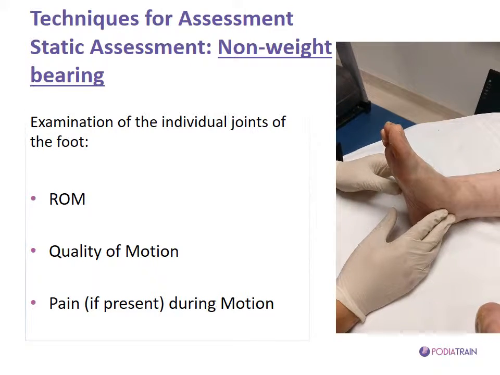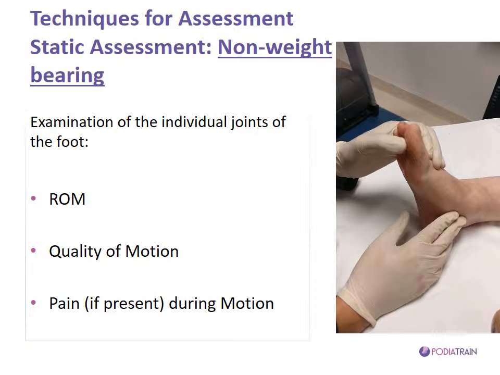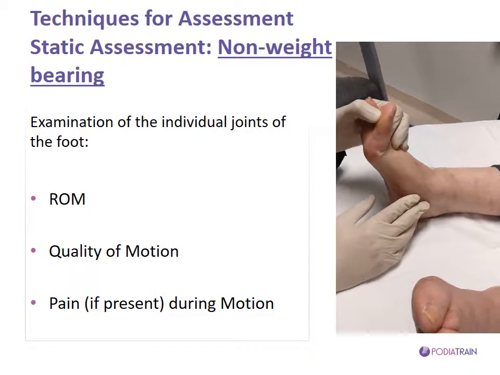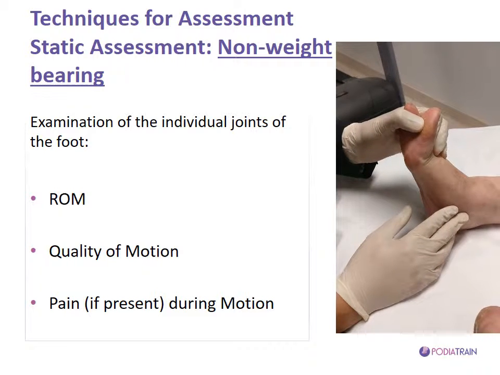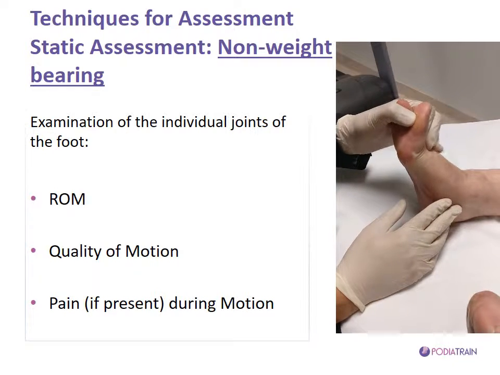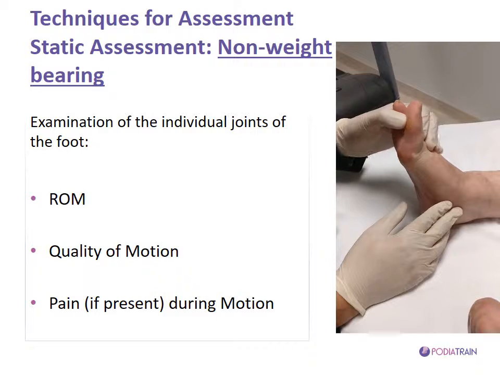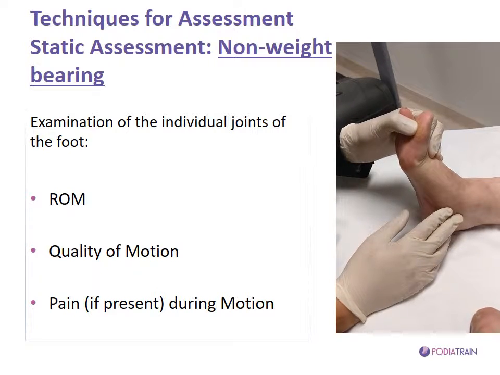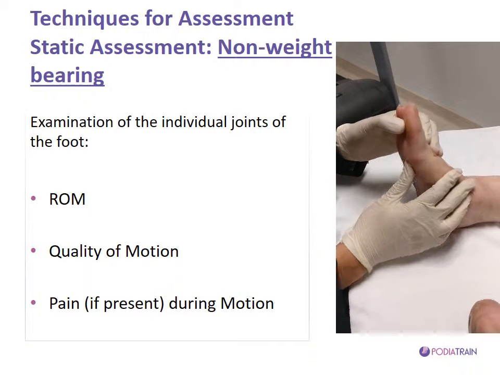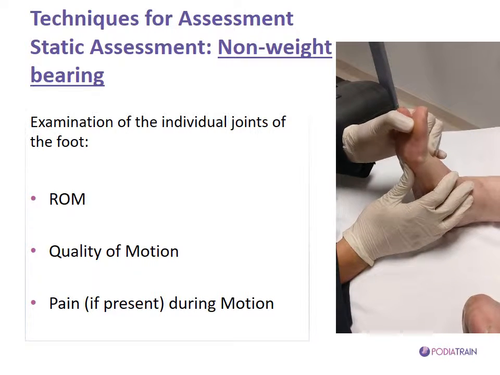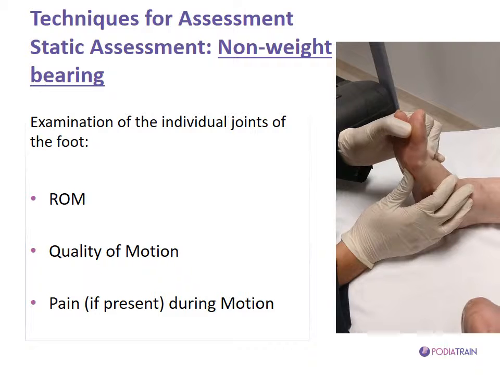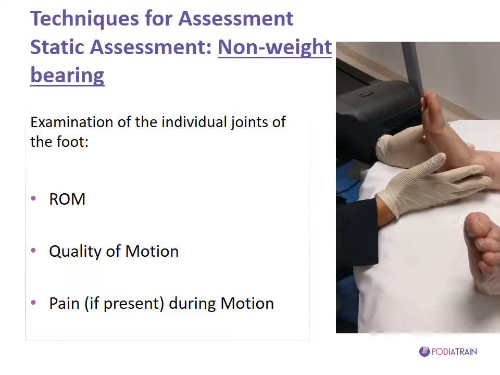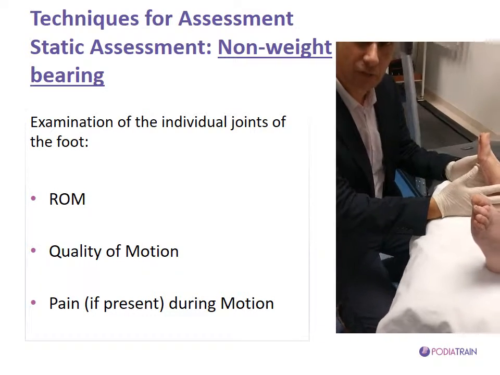We can also look at the movement in the hallux, in the first metatarsophalangeal joint, where we dorsiflex the hallux at its full range of motion. There is movement there, however, it's slightly restricted as well. Applying the Jaques test, we can say that there is slight functional hallux limitus also. So that gives us a clear picture on the mechanics of the right foot.